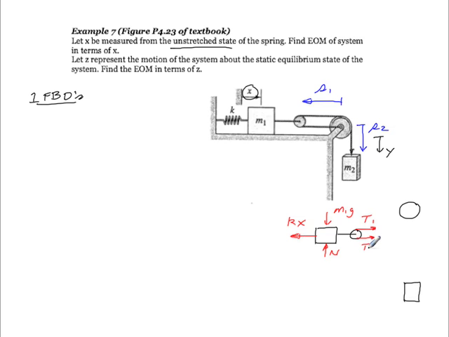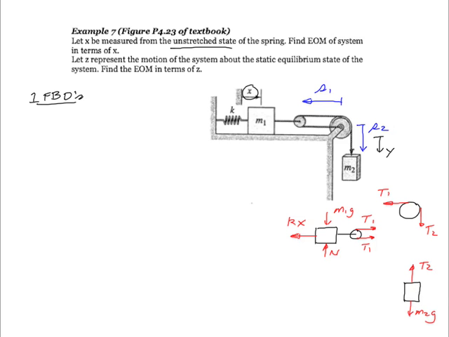T1. This pulley, we've got T1 like this. I'm sorry, I'll call it T2 just to be different. Call that T2 like that. M2G down like that.